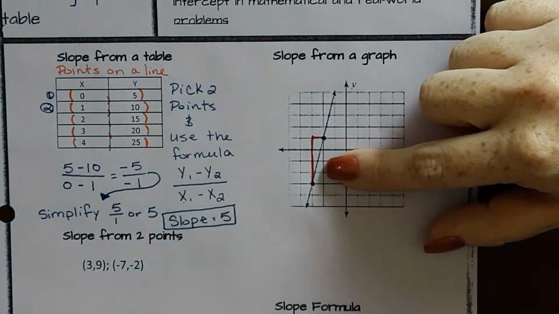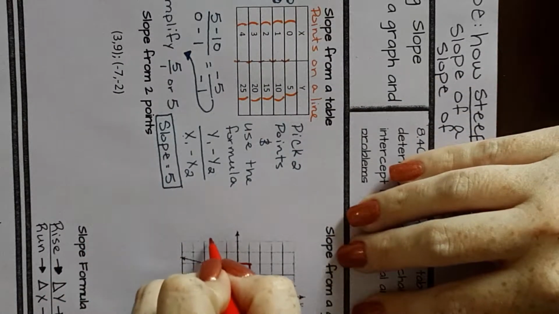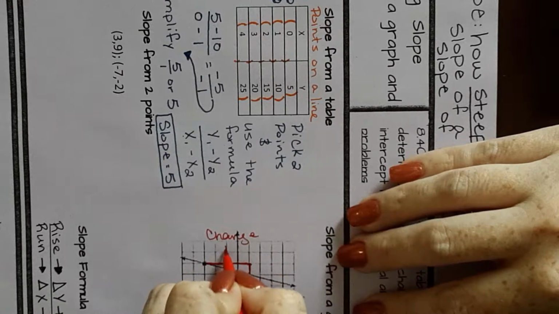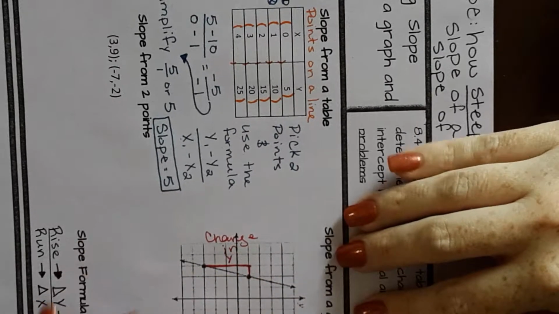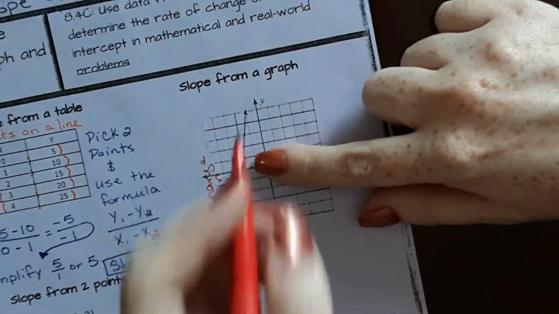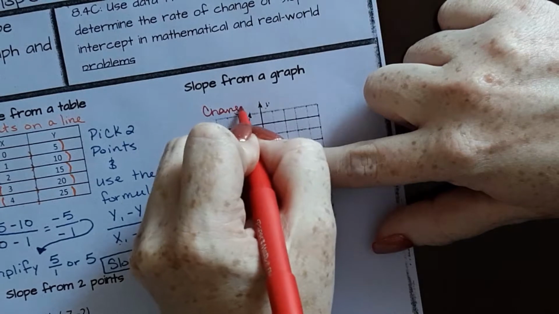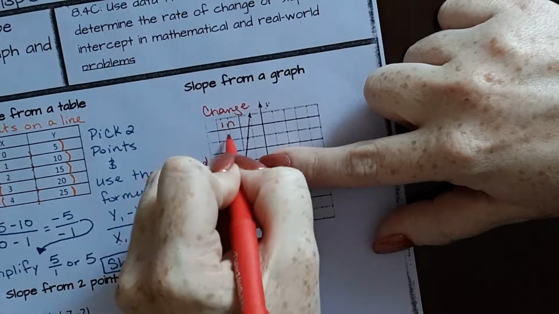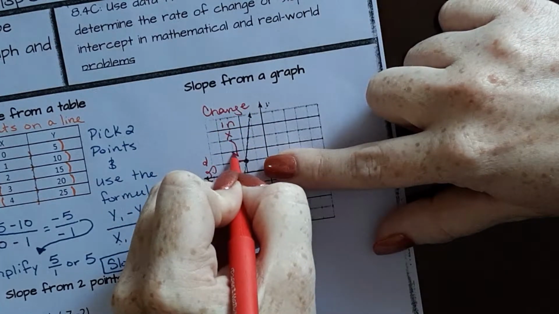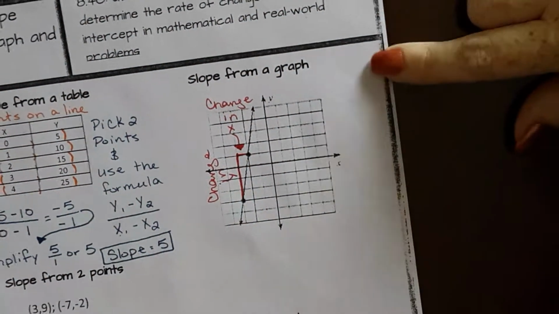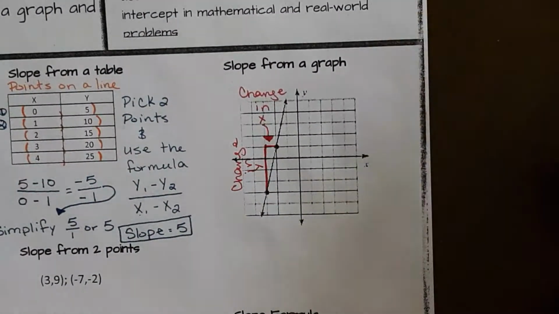This here is your change in y. And this up here is your change in x, your rise, and your run.